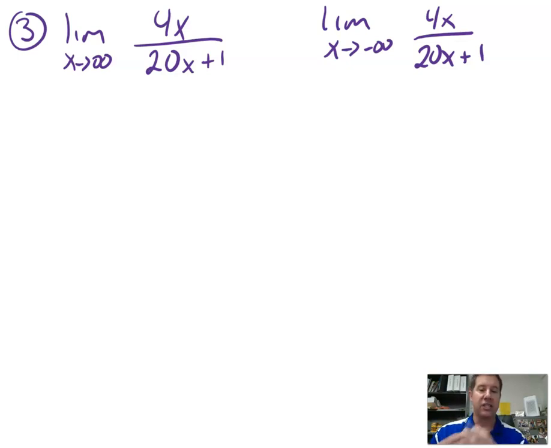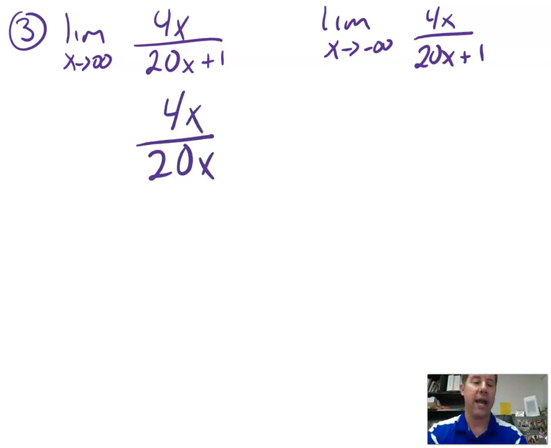I mean, I'm already getting so big so fast. We say that when you have something like this, the plus 1 is not really going to affect what's going on, since I'm going to infinity. So I can kind of simplify this in my head and think about just 4x over 20x, and look at the limit as I approach that.